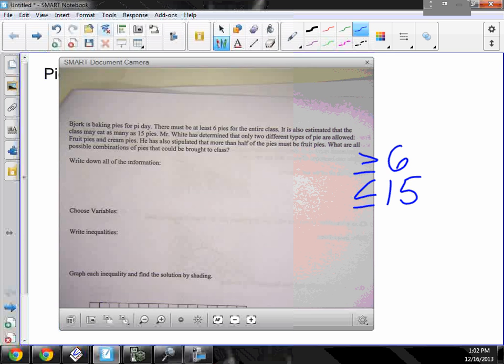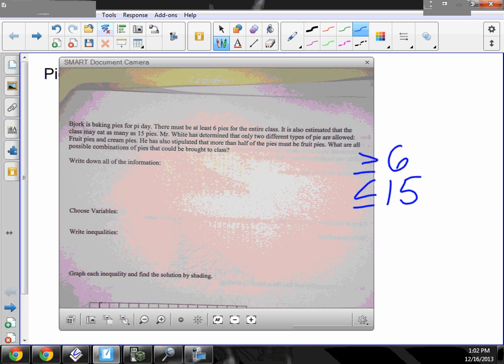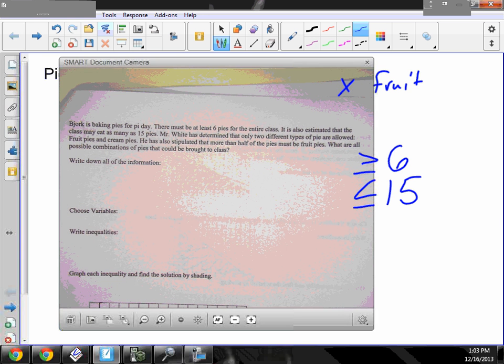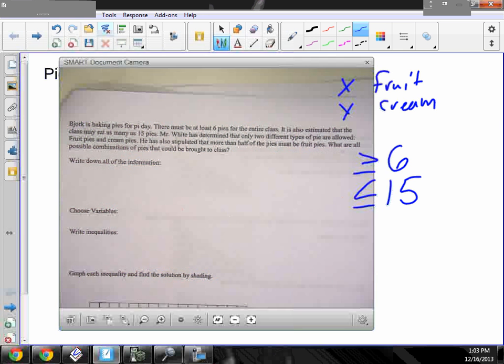And then the last one says, Mr. White has also stipulated that more than half of the pies must be fruit pies. So let's call X fruit, and let's call Y cream. So how do we write an equation for that last stipulation?